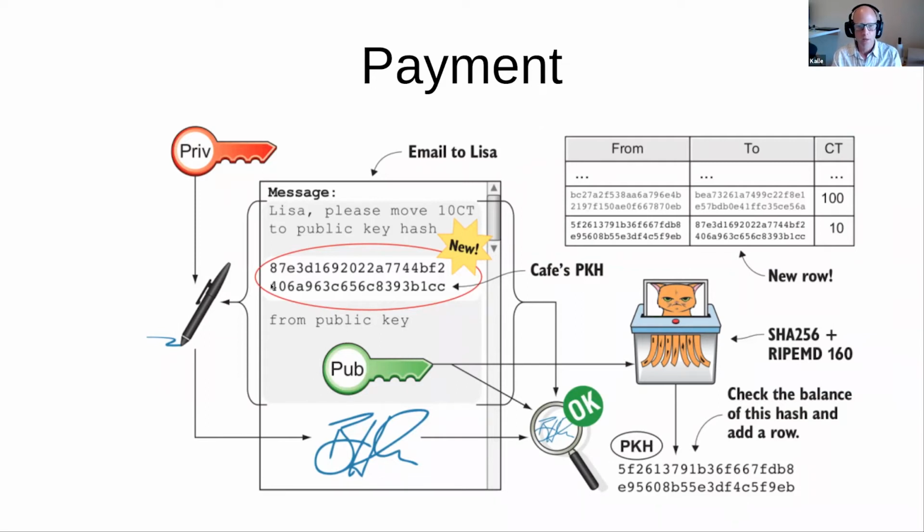And this is signed just as before. And then on the verification side, where Lisa verifies this payment, she will verify this message and the signature against this message using the public key, just as before. There's no difference there.